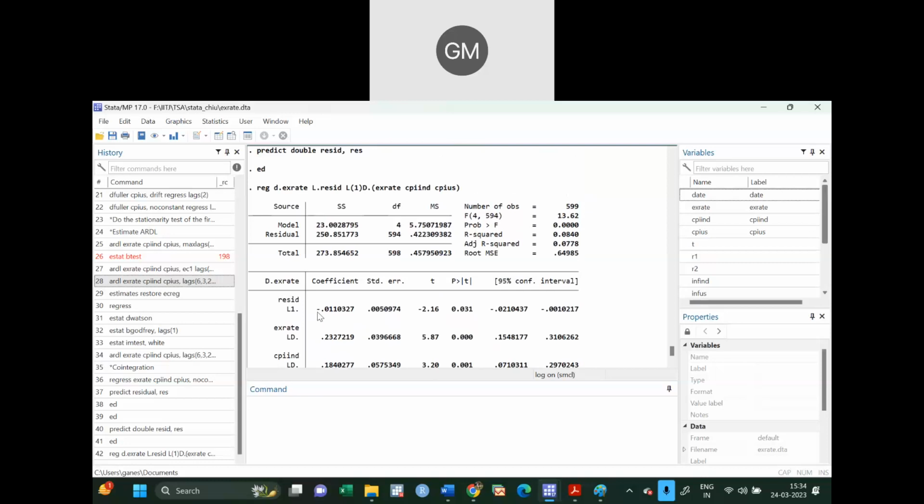What you find is minus 0.011. If you look at the error correction term of the ARDL model, it is quite close to the coefficient here for the first lag of the residual. And this is significant, and this is significant.